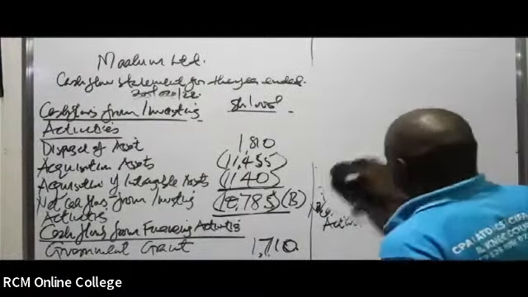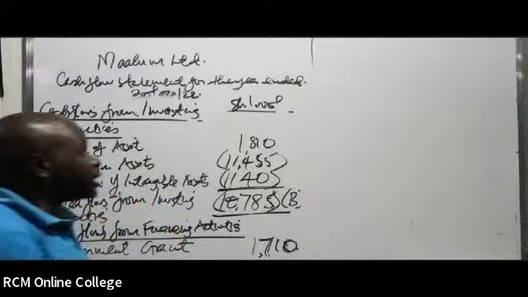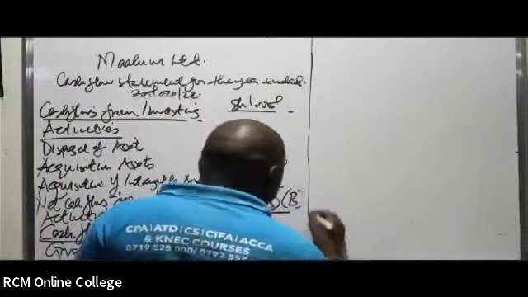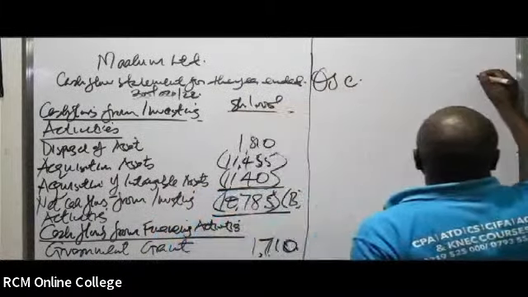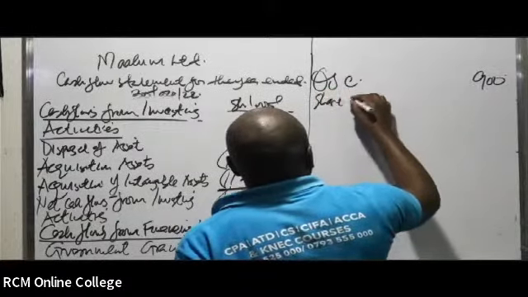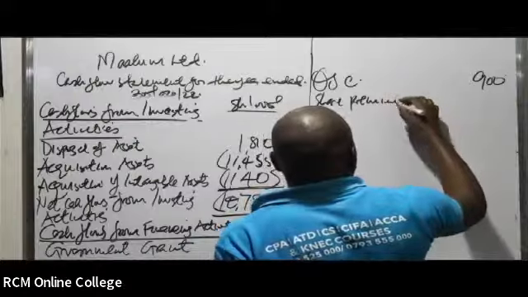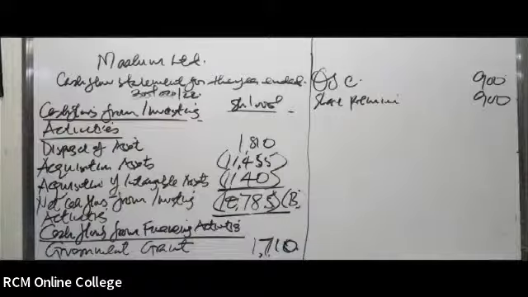On the ordinary share capital, we got an amount of 900. We had share premium, and we got an amount of 900. For the ordinary share capital, you can look at the accounts prepared directly. There are those figures you'll be able to see, 900 and 900.